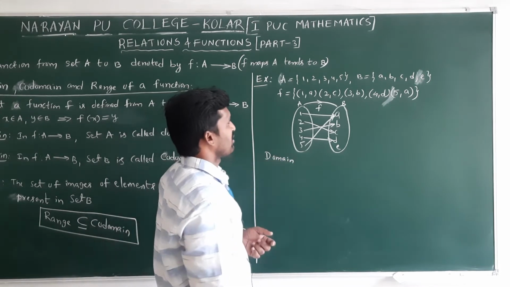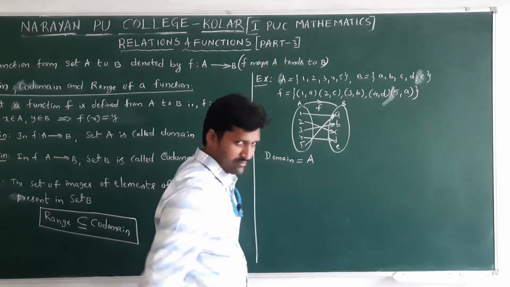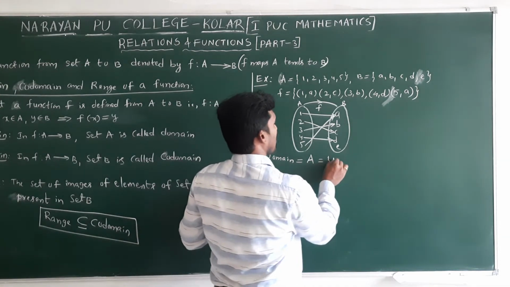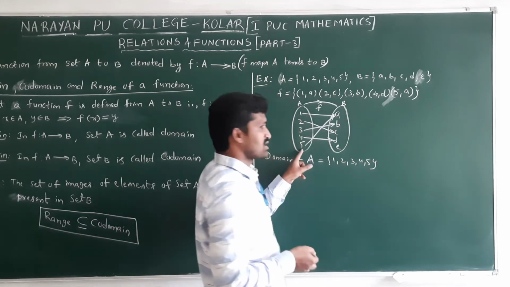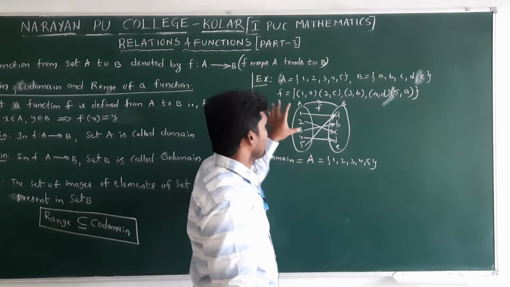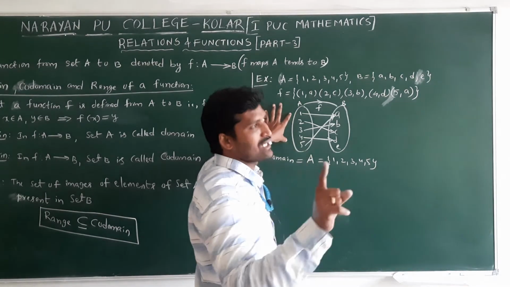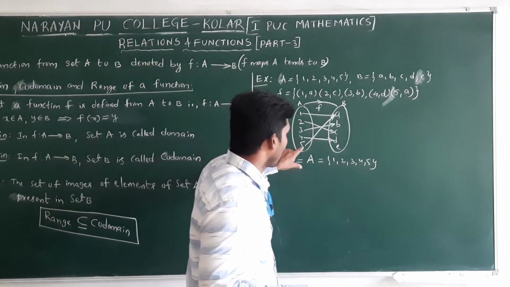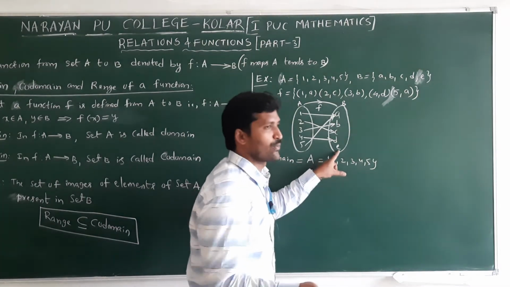The function f is defined from A to B, so the complete set A is called the domain: 1, 2, 3, 4, 5. If any element does not have an image, that is not a function, that is a relation. In set A, we need to map each and every element with one image. An element left in B is no problem.